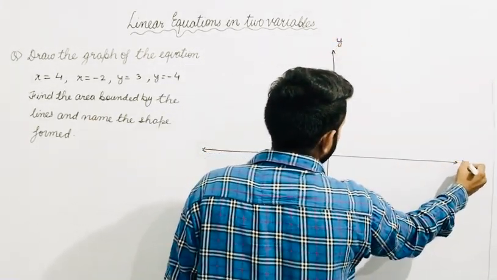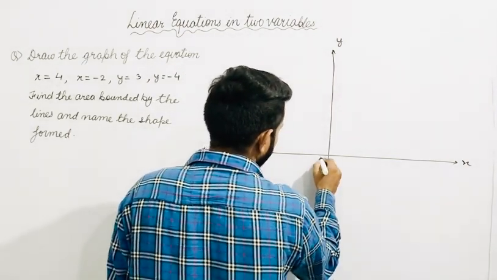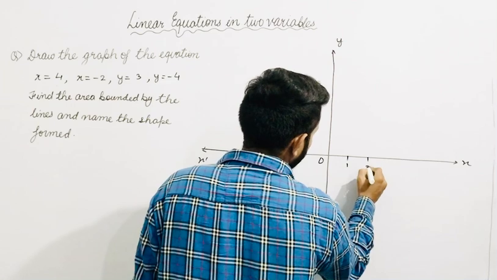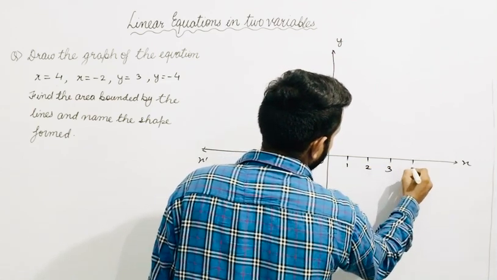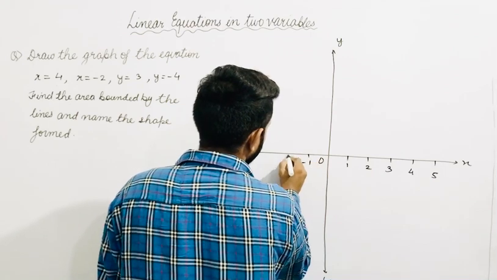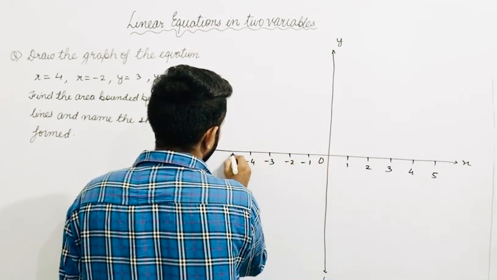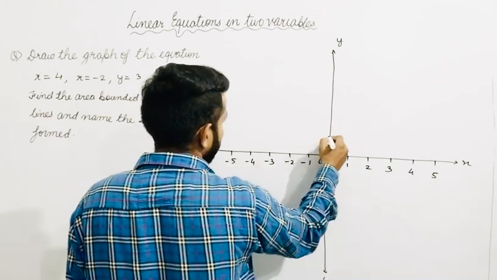Y, x negative, y negative. 0, 1, 2, 3, 4, 5, minus 1, minus 2, minus 3, minus 4, minus 5.